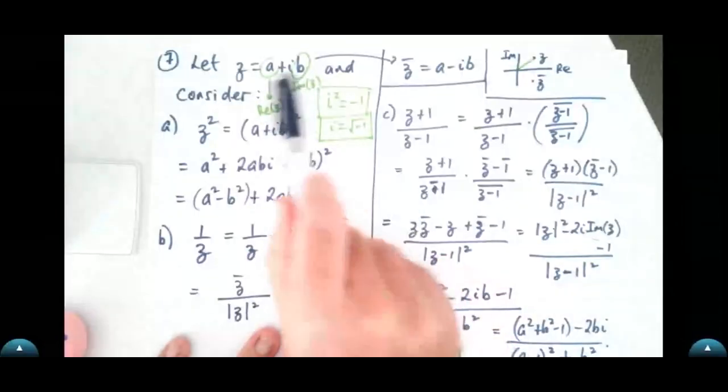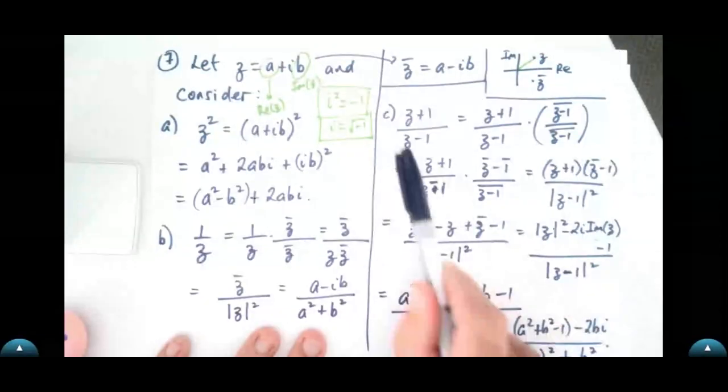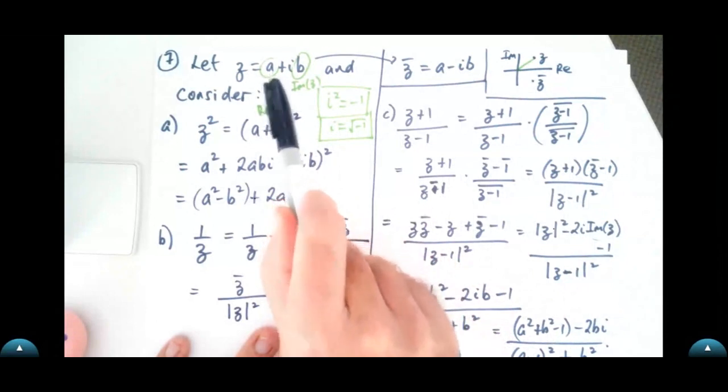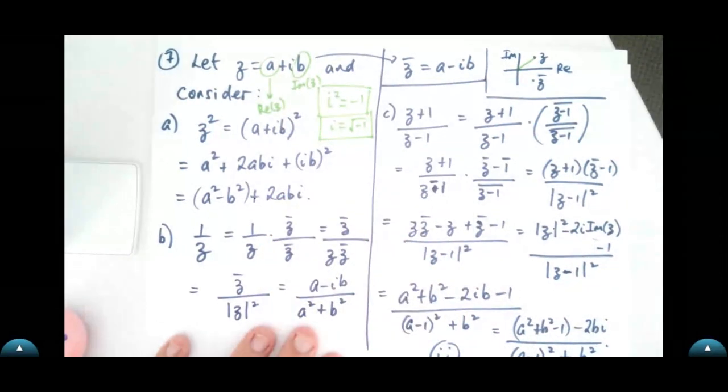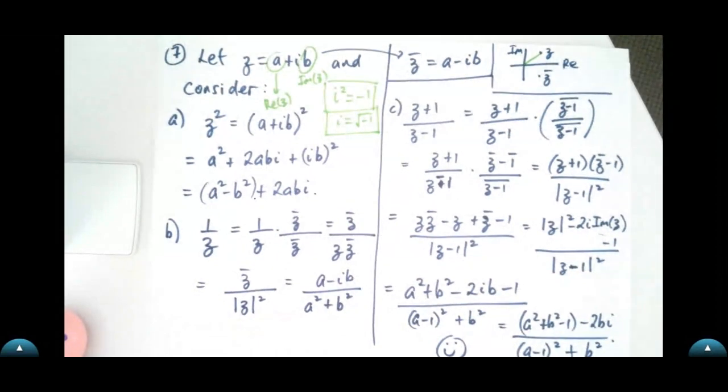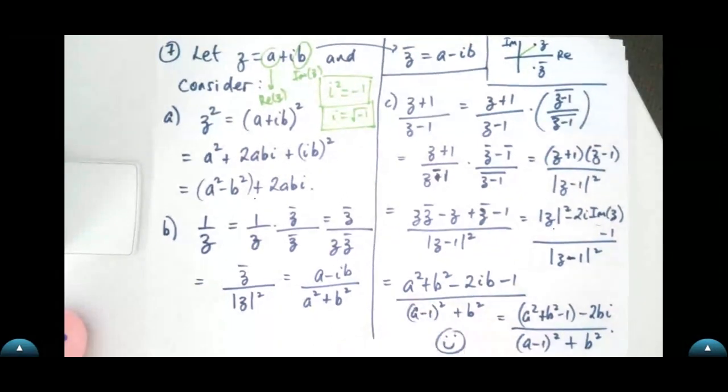Correct. So if Z's that, what is Z minus 1? It'll be A minus 1 plus IB. Rahul's on the case. And that's right. Excellent. All right. Let's move on to a different question.